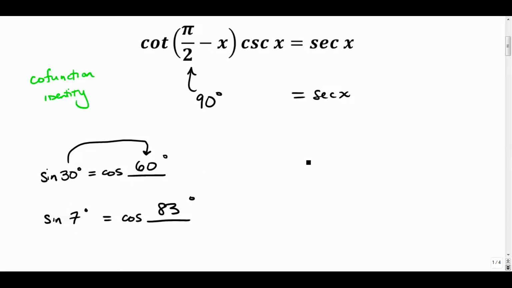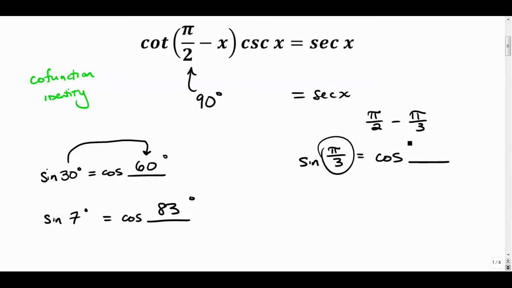Well, the same thing works for radians. If I take the sine of an angle, let's say, pi over 4. That's not a great example, but let's take pi over 3. Is equal to the cosine of what angle in radians? Well, all I need to do is think about what's 90 degrees minus that. Well, 90 degrees in radian form is pi over 2 minus that.